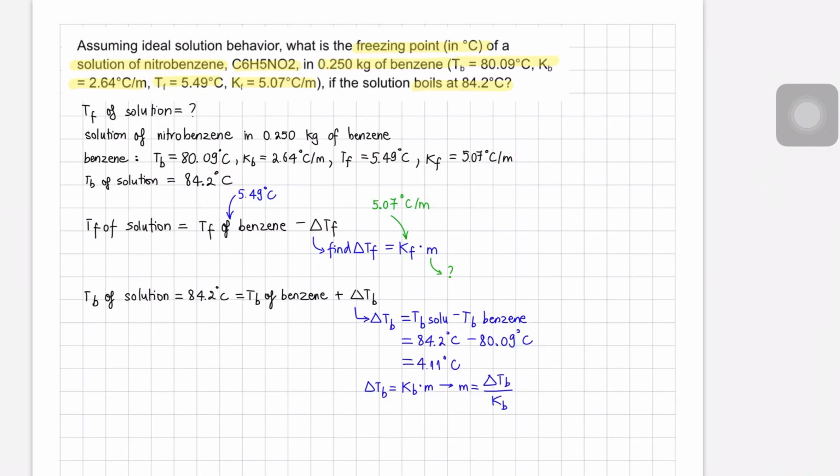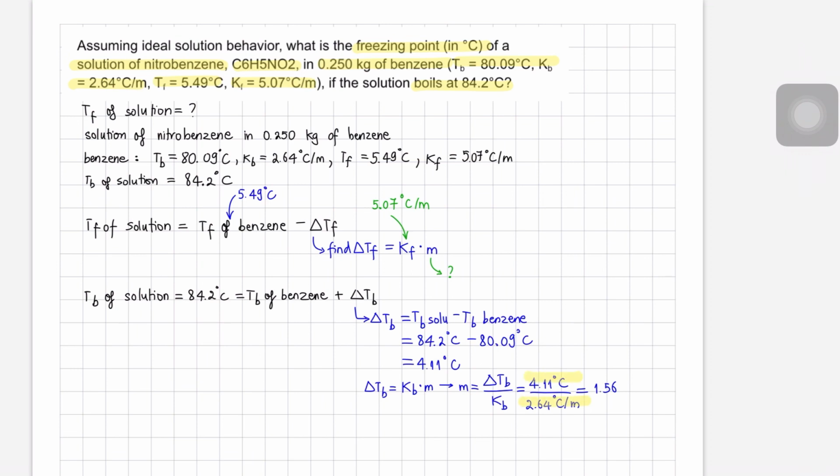And from there, looking back at the formula for delta Tb, we know that is equal to Kb times molality. Now that we want to find molality, we can rearrange the formula: molality equals delta Tb divided by Kb. And that's going to be 4.11 degrees Celsius divided by 2.64.